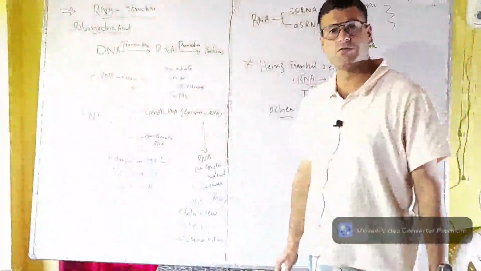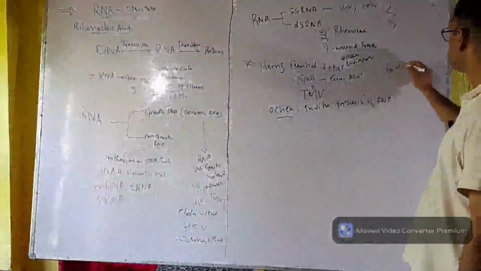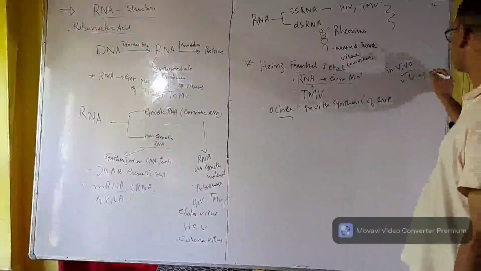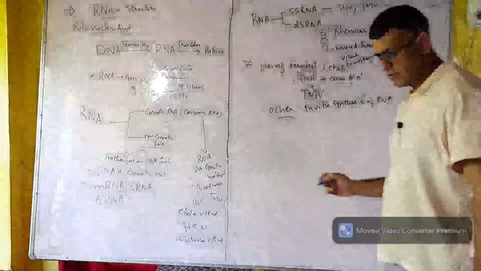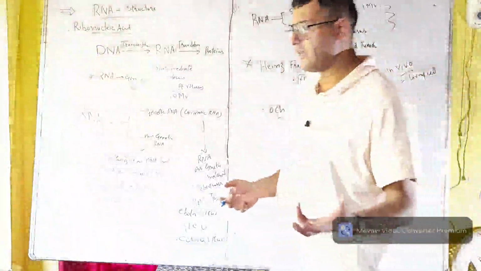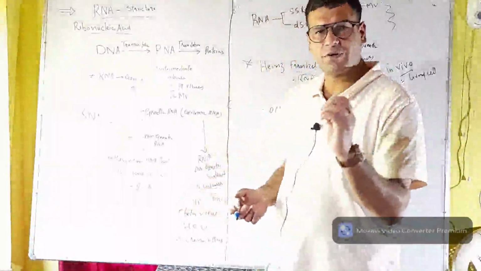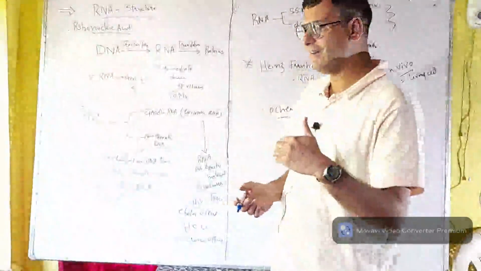That is called in vitro synthesis of RNA. In vitro means outside the living cell, under laboratory conditions, while in vivo means within the living cell, within the living organism.